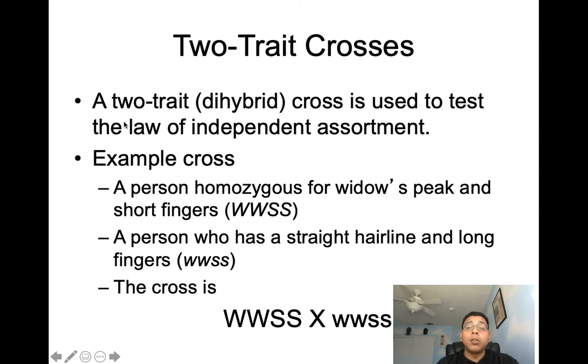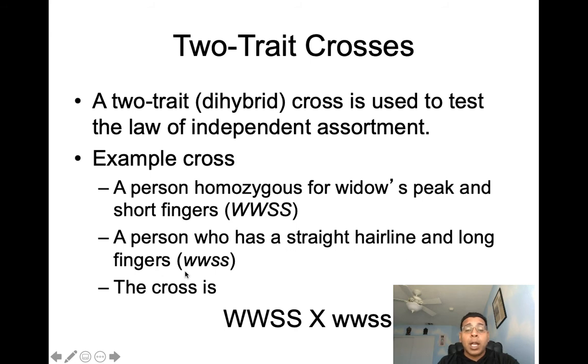Here we can see a 2 trait or a dihybrid cross is going to be used to test the law of independent assortment. Now, our example cross will be a person who's homozygous for a widow's peak and short fingers. So homozygous for a widow's peak, we know capital W. And then also short fingers, we know capital S. And here we've got capital S. And this person then is going to reproduce with the person who has a straight hairline and long fingers.